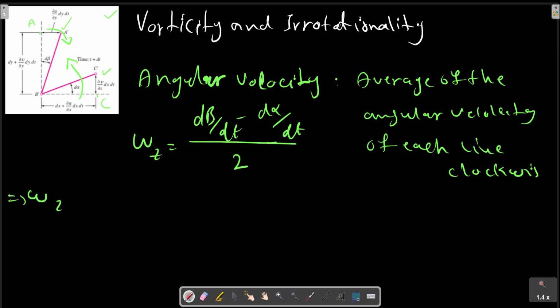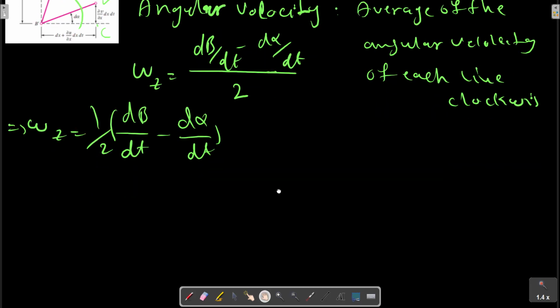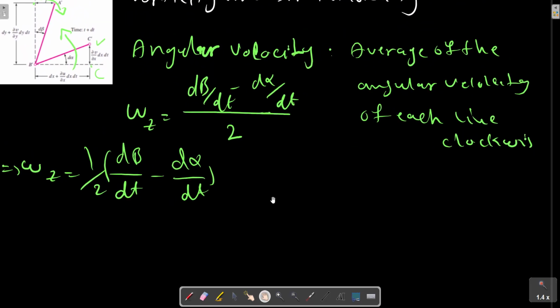So we have a relation for the angular velocity about z from this picture. We can also calculate each angle in the picture. Let me write here.